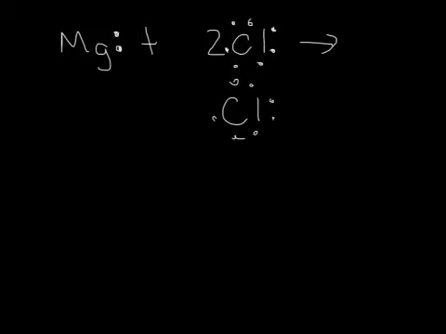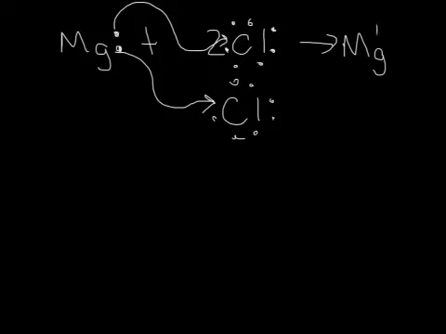So what's going to happen is 1 electron is going to go to that chlorine. 1 electron is going to this chlorine. So we have magnesium with a +2 charge, chlorine, and how many do I have? 2. I have 2 of them. So I put that little bitty subscript 2 to tell me that there are 2 chlorines.